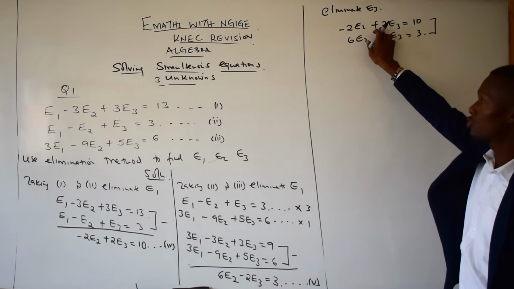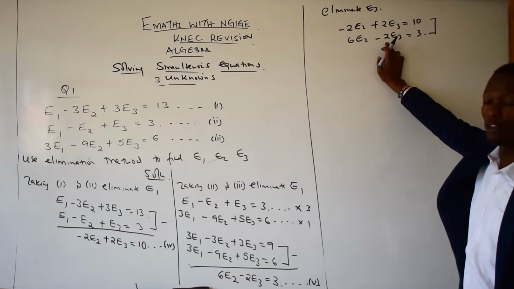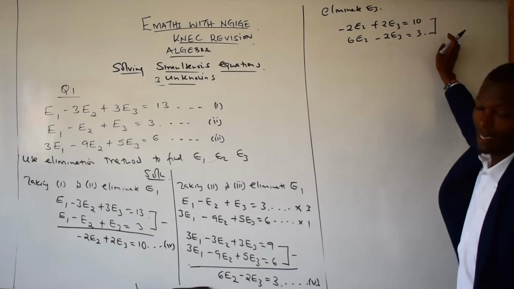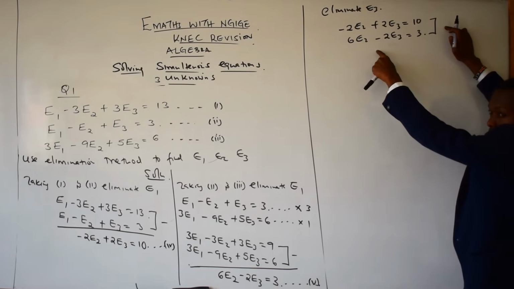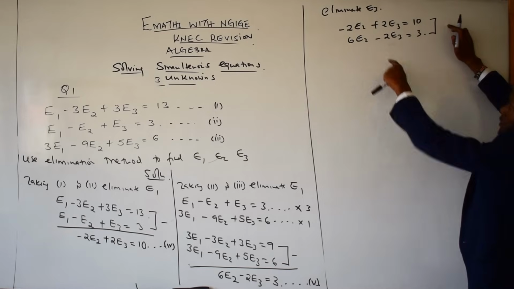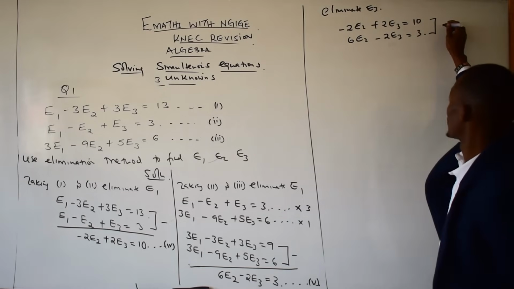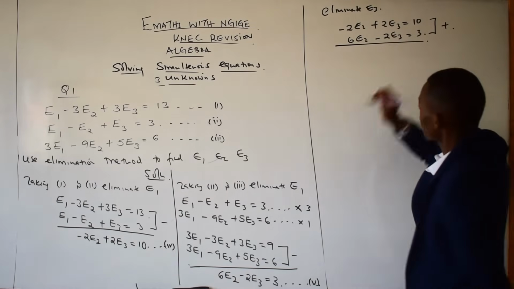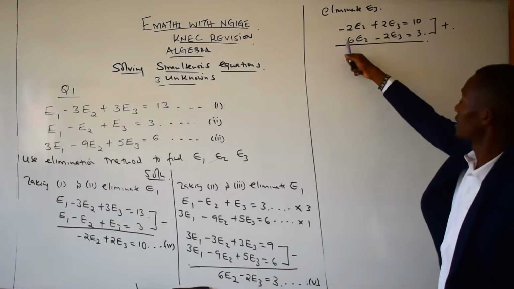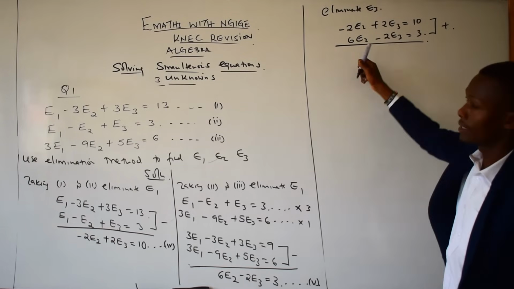We have 2 and negative 2. If you put a subtraction here, you shall have 2 minus minus, so that will be a positive. So we shall add the two equations. Therefore adding, we are eliminating E3. So negative 2 plus 6, that gives you what?